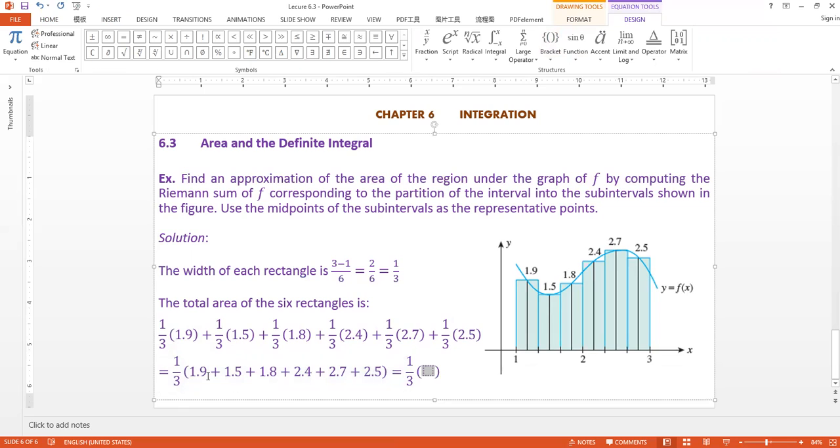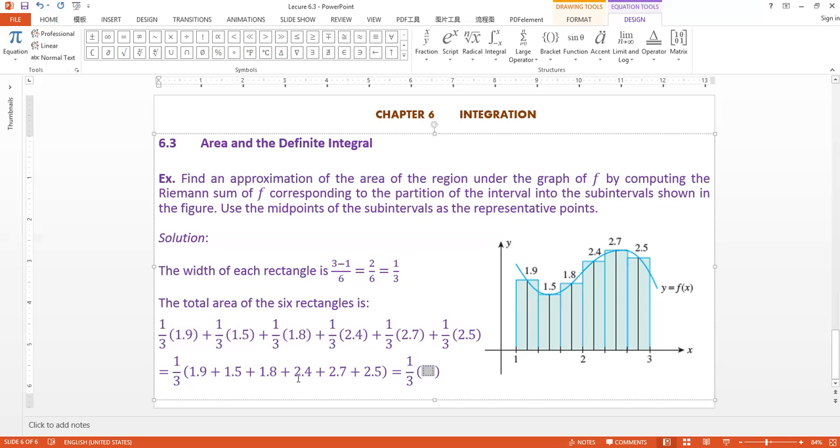1.9 plus 1.5 is 3.4. Then 3.4 plus 1.8 is 5.2. 5.2 plus 2.4 is 7.6.